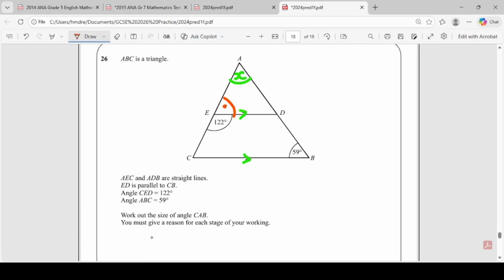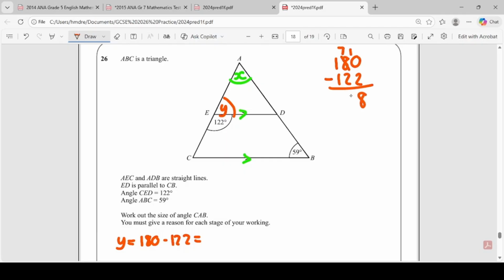Okay, so they say give a reason for each stage of working. So let's label that as y, just so we know what we're working with. So let's say y is equal to 180, take away the 122. I have to borrow.